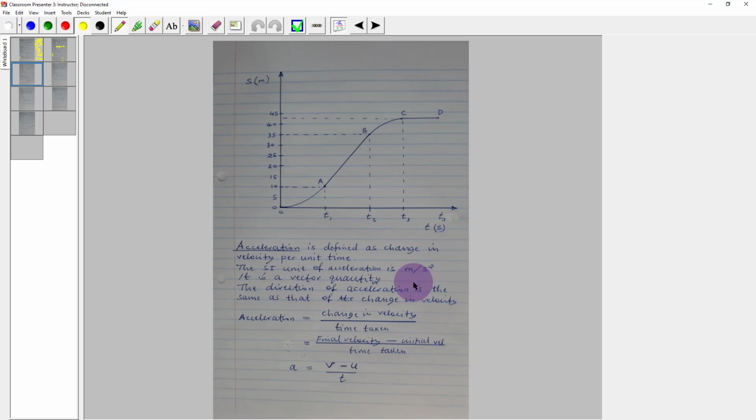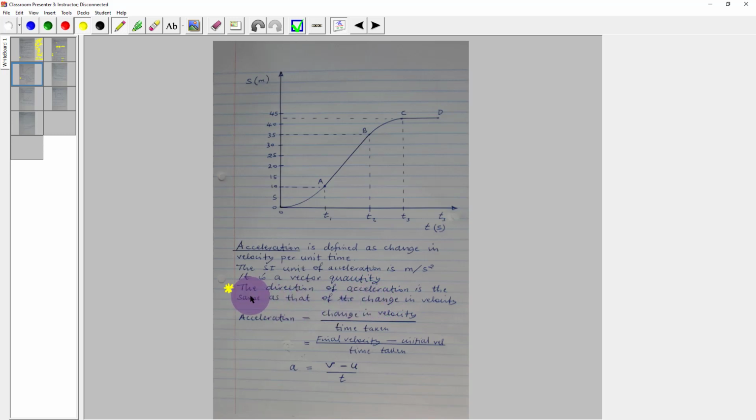What is the direction of this acceleration? How do we get the direction of the acceleration? The direction of the acceleration is the same as that of the change in velocity. I'd like you to underline that, highlight this statement so that you can remember this, because it is going to become very useful when we talk about the concept of momentum and change in momentum, in which case we will need to calculate the change in velocity and state the direction of that change in velocity.